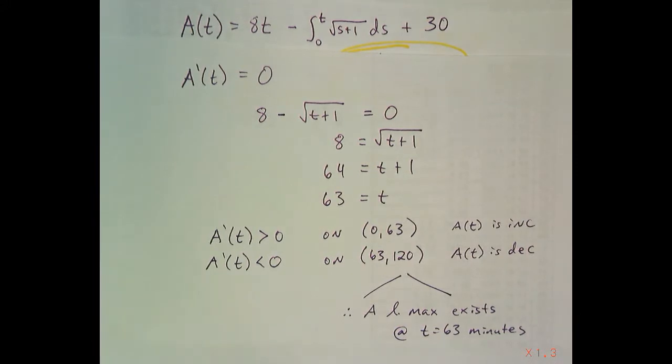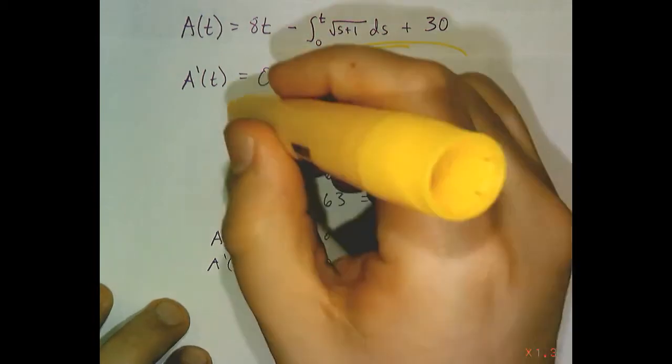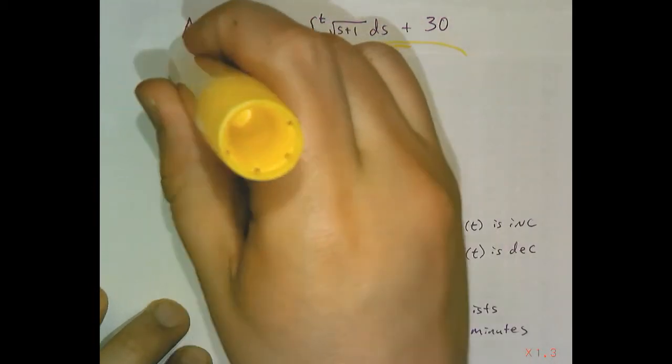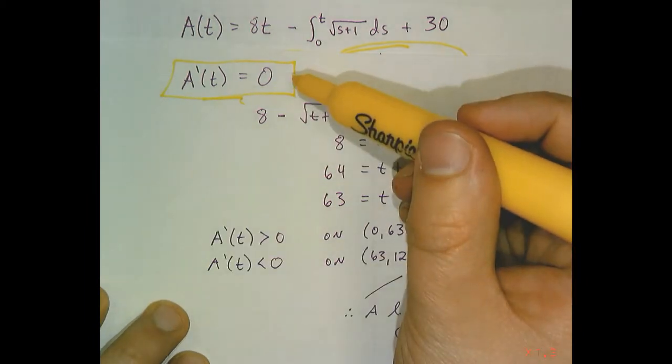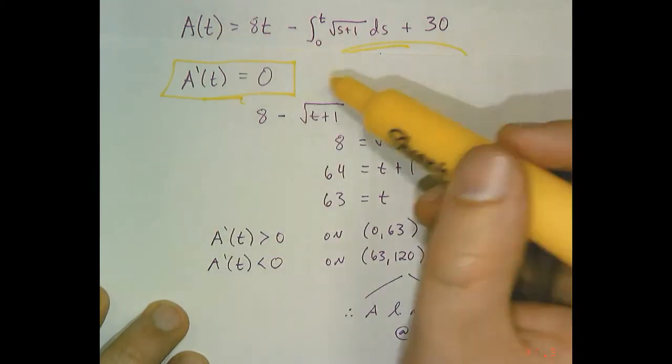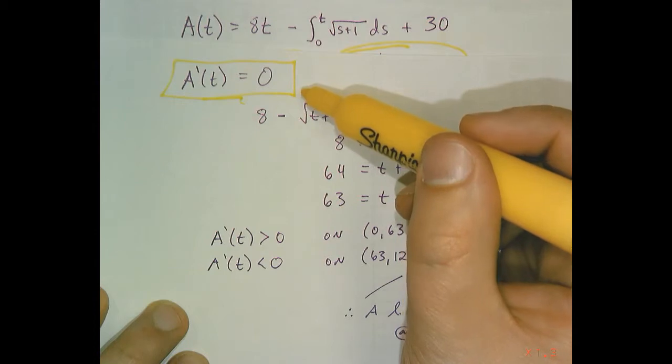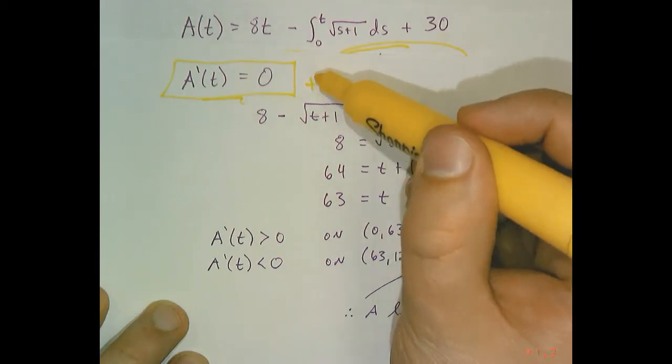Okay? This is worth 3 points. The first point comes from setting A prime of t equal to 0. Okay? Even if you had the wrong A of t function, if you showed A prime equaling 0, I believe they would give you the point.